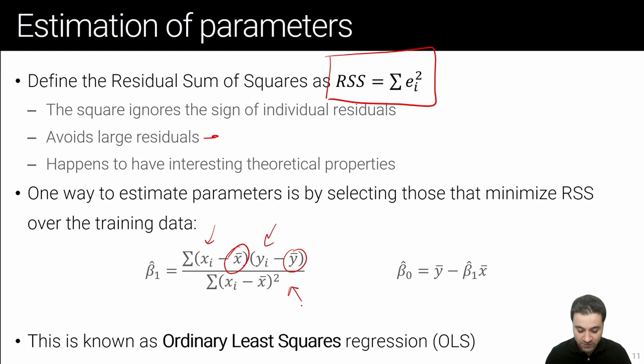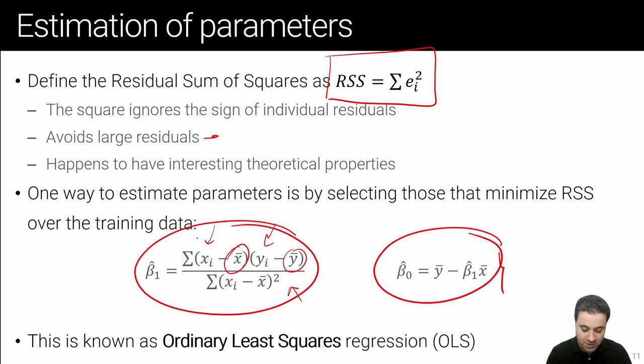This is just the equation for it. And then once we have beta 1, we can have an estimate for beta 0 in this way. And it turns out that these two equations give us the linear model that is optimal in the sense that it's minimizing the residual sum of squares. And this is known as ordinary least squares, or OLS regression.